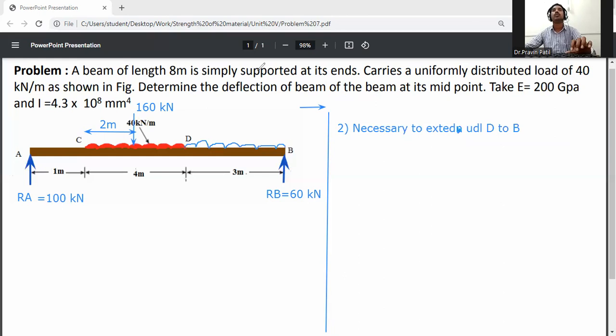So just apply the same quantity of UDL on D to B in the upward direction.